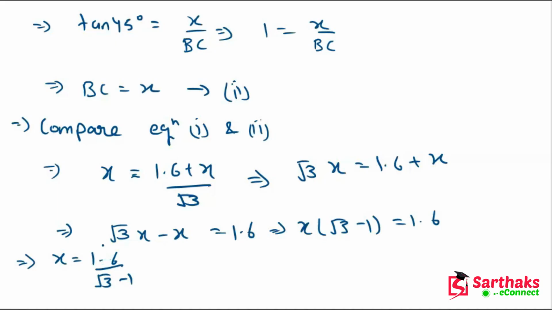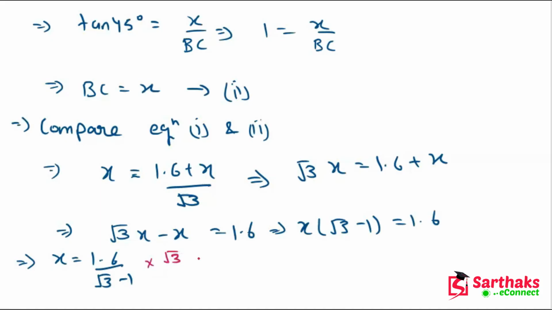Now my dear friends, if you leave this equation here, this is correct, it doesn't matter. But if we want to solve it further, because in the denominator there is a term of root 3, we have to eliminate this. For eliminating this, we have to multiply by its conjugate, meaning we have to rationalize it.